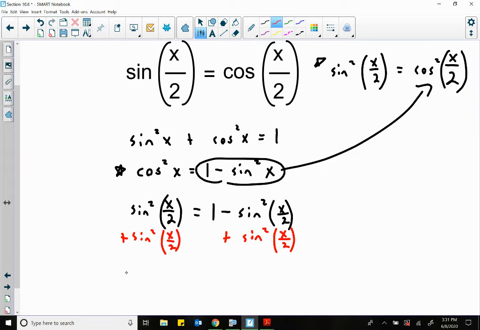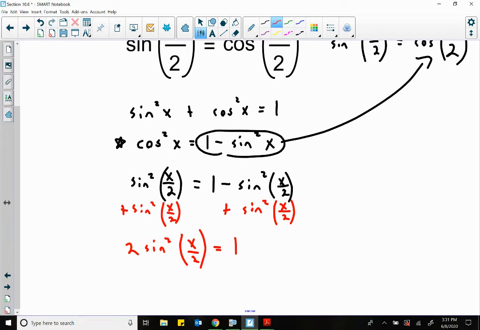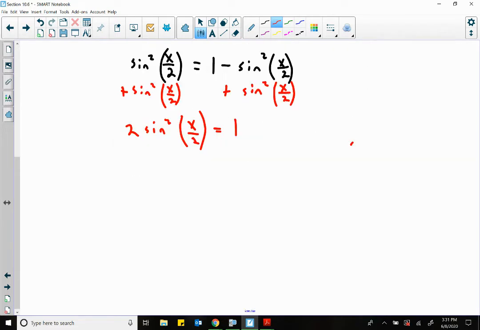And that's going to give us 2 sine squared x over 2 equal to 1. And then you're going to keep solving.